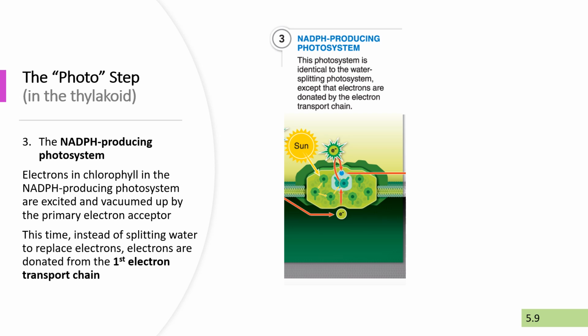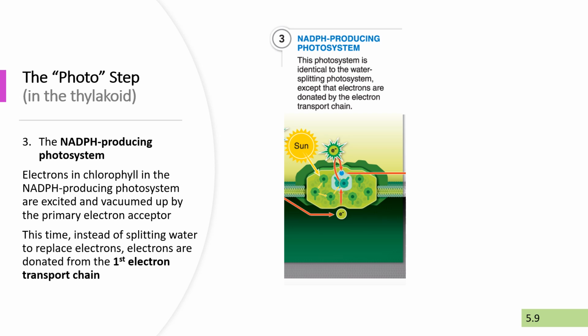Then, in the final steps of the photoreaction, we also create an energy-storing molecule called NADPH. This step starts similar to the first one, but now we are in a different photosystem. Electrons in the NADPH-producing photosystem are excited by the sunlight and transferred to the primary electron acceptor.